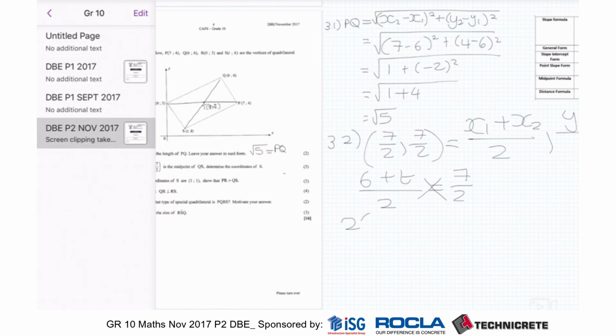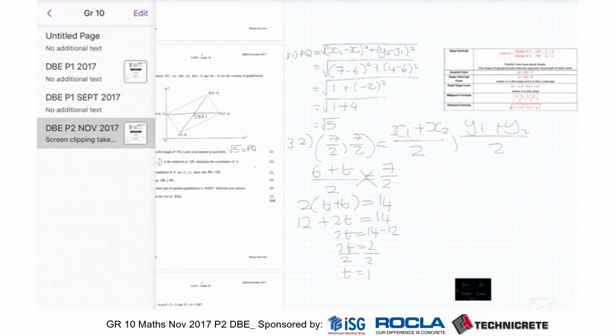So it's going to be 2 times 6 plus t to create an equation which is then easy to solve. 2 times 6 is 12 plus 2t is equal to 14. 2t is equal to 14 minus 12. 2t is equal to 2, divide by 2, divide by 2. t is equal to 1.